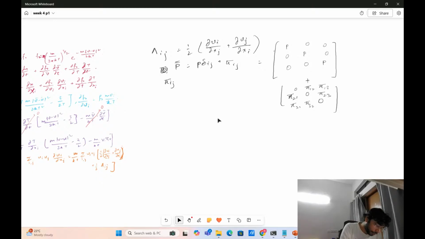So pi ij equals minus 2 mu lambda ij. Now we ask the question, does this term represent a matrix like this?